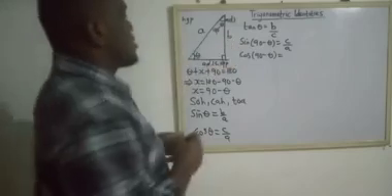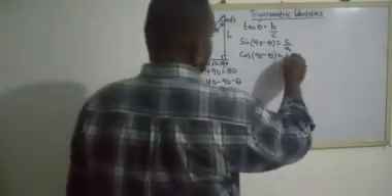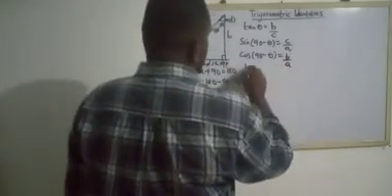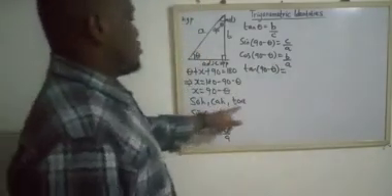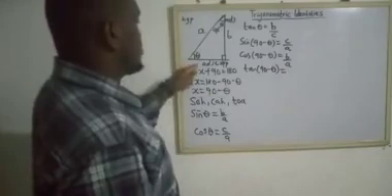The adjacent this time around is B, so that will be B over A. And tan 90 minus theta will also be the opposite over adjacent. So opposite over adjacent, and that is C over B.